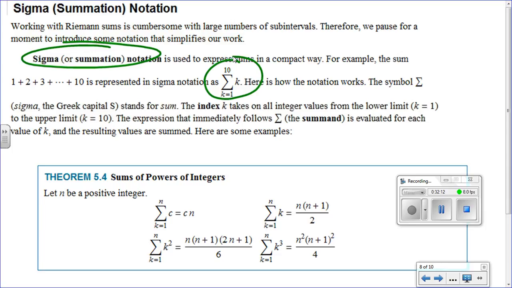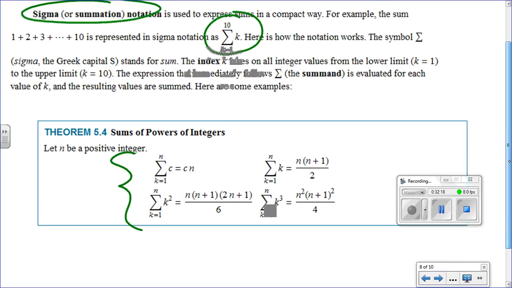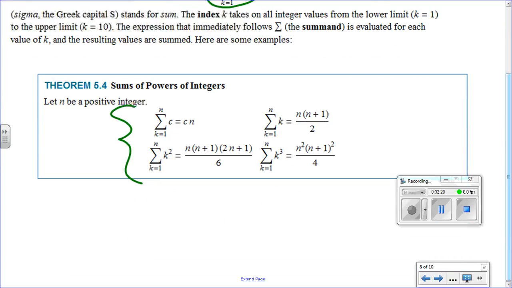These are just some common formulas that will be helpful if you guys remember them. Not that you have to, but very helpful. So this is what we call the sum of all integers from 1 to n.